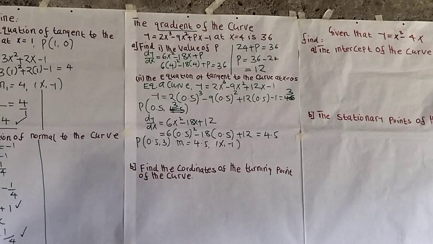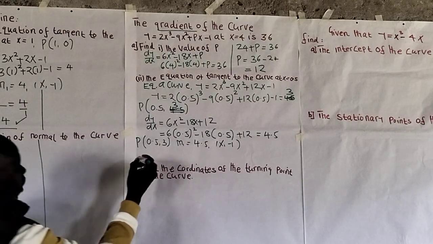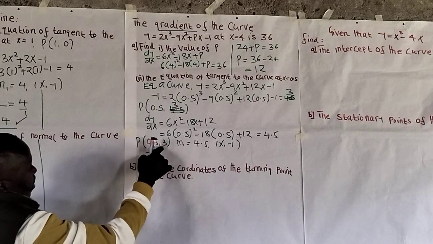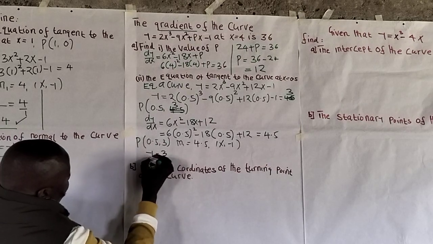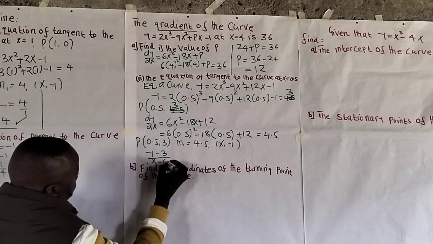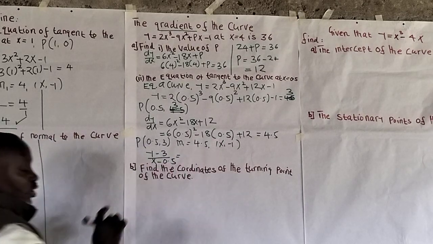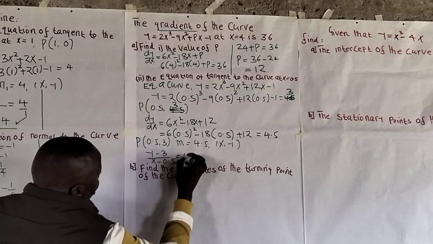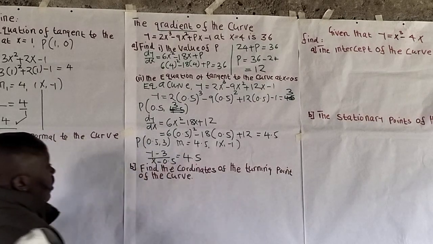So how do you get the equation of that tangent? We have y minus 3, divided by x minus 0.5, which gives us a gradient, and our gradient here is equivalent to 4.5.